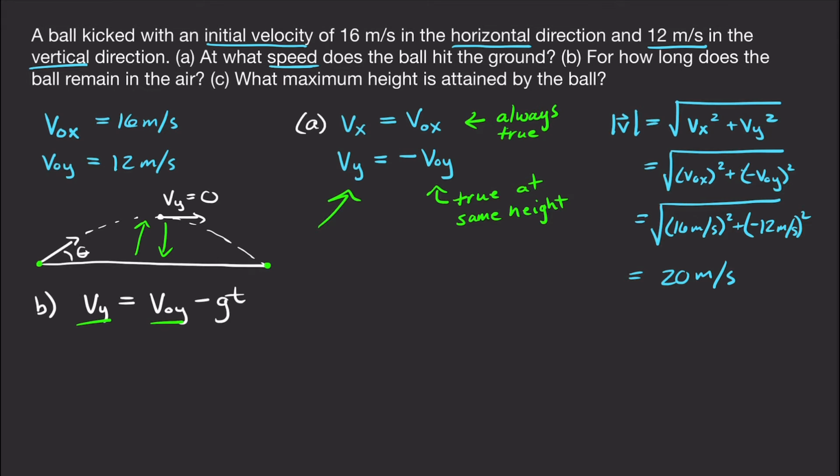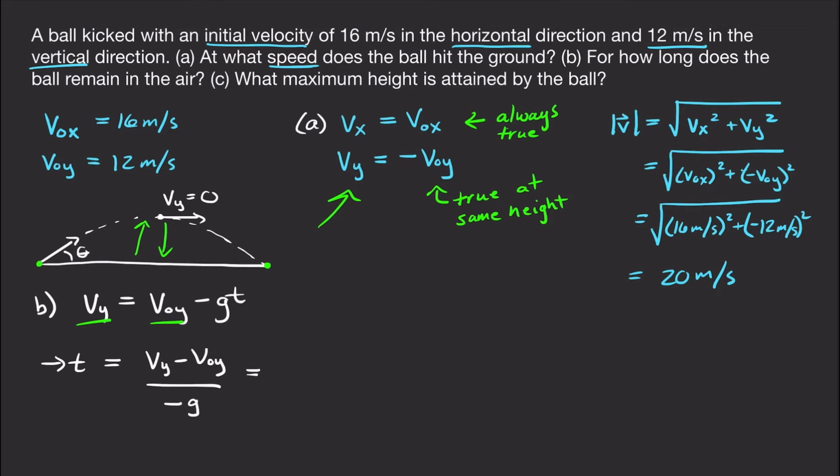So I can just rearrange this for time. I'm going to move my V naught y over by subtracting, so Vy minus V naught y. And then I'm going to be left with a minus gt, so I'm going to divide by minus g to get t by itself.